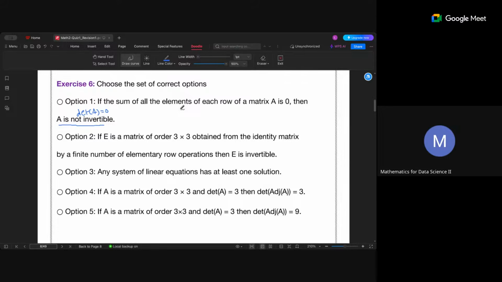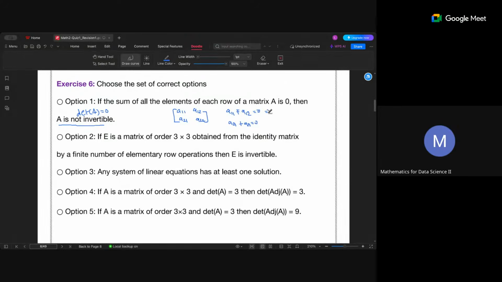For example, for a 2 by 2 matrix, A11, A12, A21, A22. Given that the sum of each row is 0, A11 plus A12 equals 0 and A21 plus A22 equals 0.